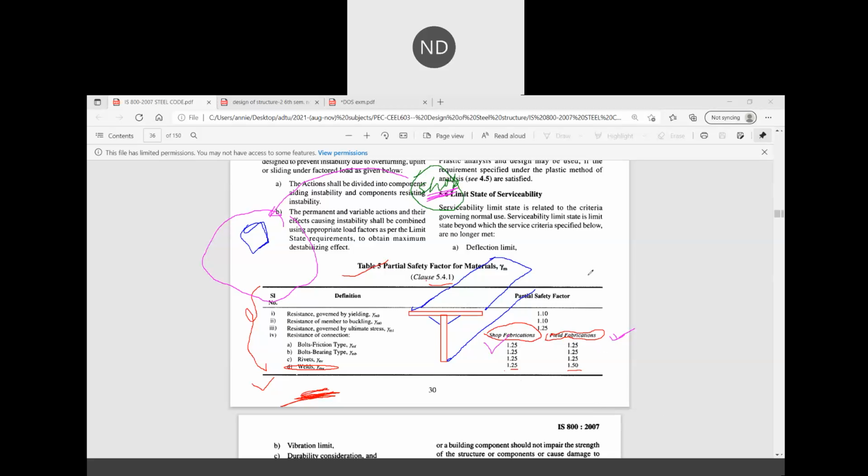But suppose in your question it is mentioned that the weldings are to be done on the site itself, so you have to take the partial safety factor from this column. That means 1.50 for the welding. And for bolts also, when we will be designing bolts, you have to consider the same table number 5. For bolts, rivets, and welds, the different types of partial safety factors, you can get the values from your table number 5.